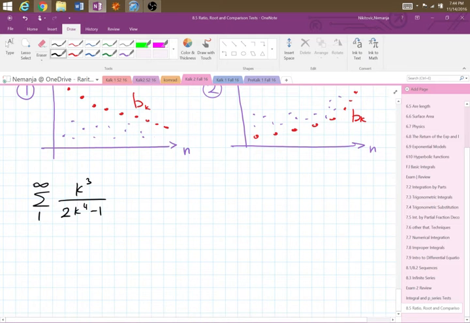Now you look at this and say, if I try the divergence test on this, the limit goes to 0, right? The denominator is larger. Therefore, the divergence test is useless. Can't make any conclusions from the divergence test.